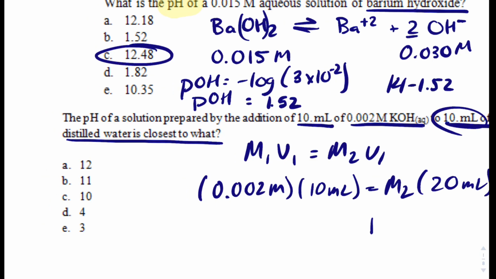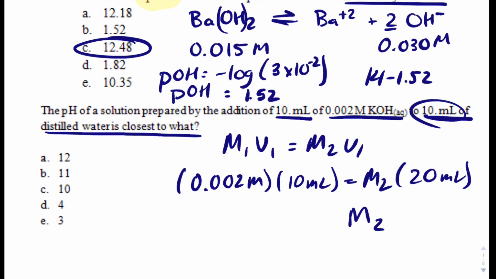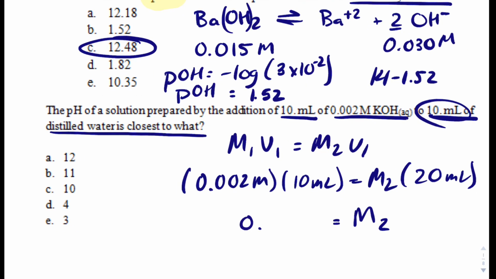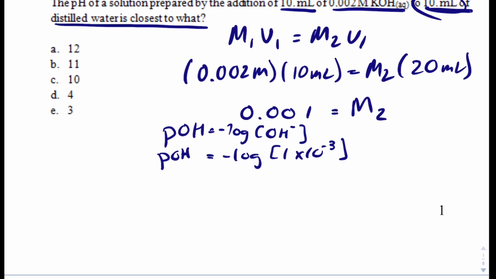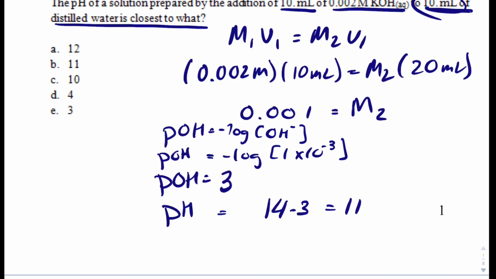Hopefully you can do this in your head, we are just going to divide this by 2, the concentration is 0.001, and so pOH equals negative log of hydroxide, so negative log of 1 times 10 to the minus third equals pOH, and with that, the pOH should be 3, so the pH should be 14 minus 3 to give me 11. So I think B is the answer.